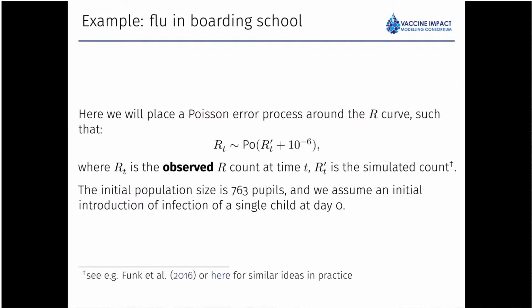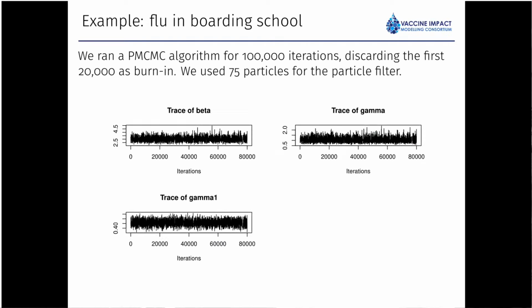And that's what we're going to do using Particle MCMC, okay? If you're interested in this, Seb Funk has a nice paper, or a couple of nice papers, that use this kind of approach. And Aaron King, also in the POMP package, has this. So what I did was literally run that Particle MCMC algorithm I told you about on the last page. I ran the MCMC for 100,000 iterations, okay?